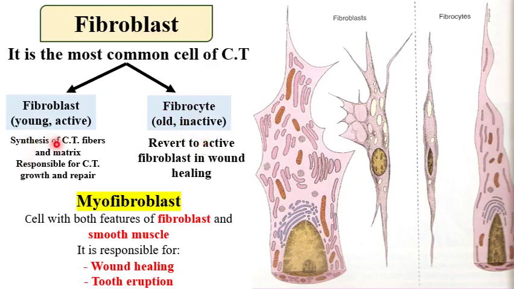The character of the fibroblast is that it is responsible for synthesis of connective tissue fibers and the matrix. As we said, any connective tissue mainly contains cells, fibers, and the matrix. The cell which is responsible for synthesis of fibers and the matrix is the fibroblast, as it is the most common cell of connective tissue.